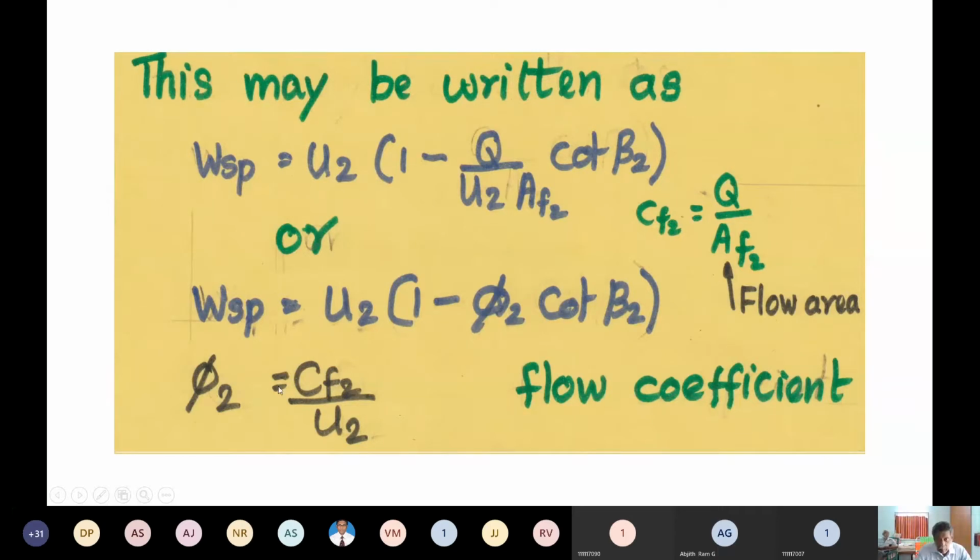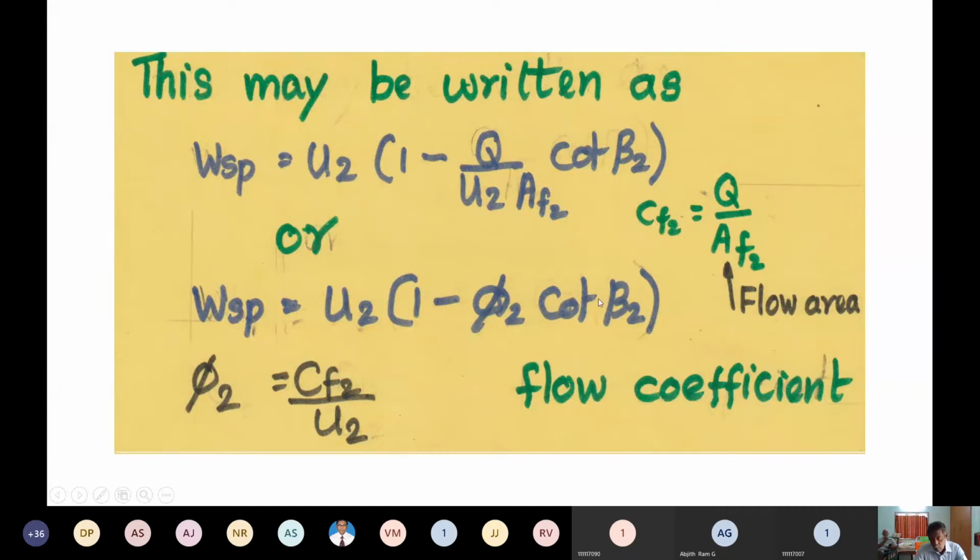Again, it may be written as WSP, the specific work, equal to U2 multiplied by 1 minus phi 2 cot beta 2. So this phi 2 is equal to CF2 by U2, which is quite commonly called the flow coefficient.